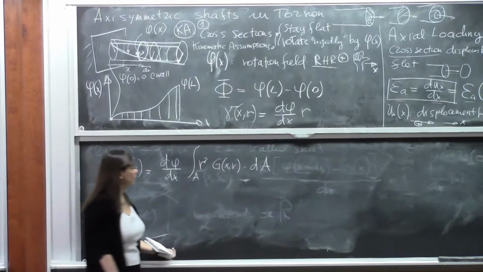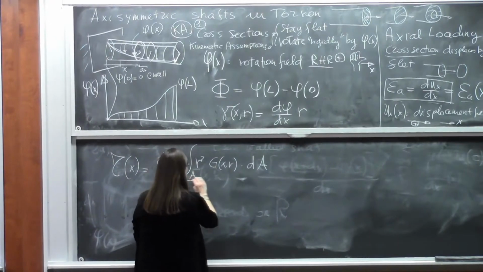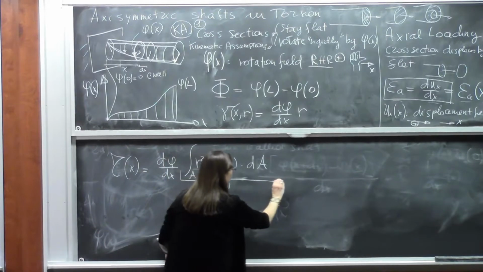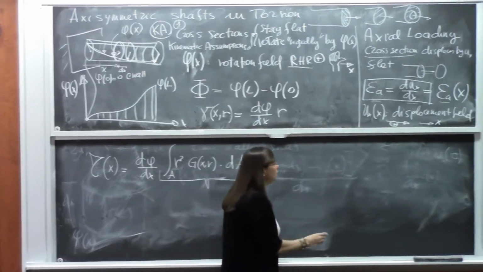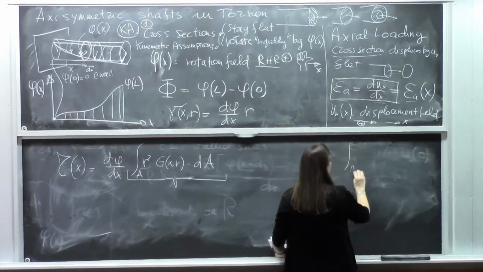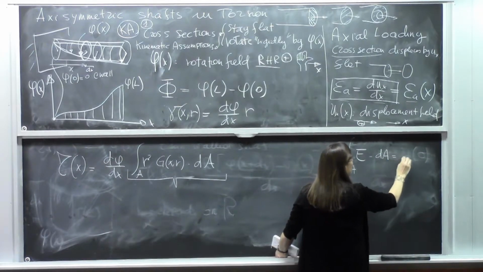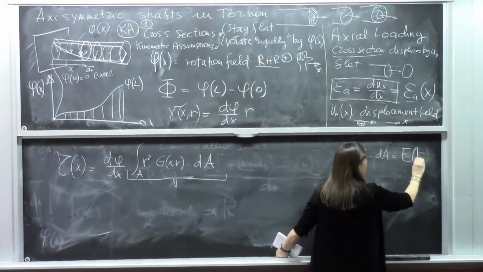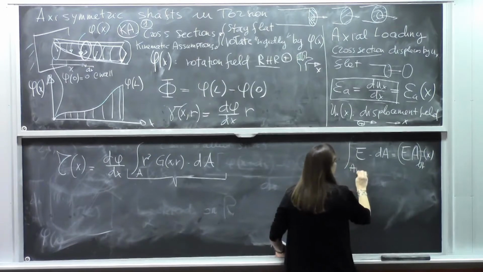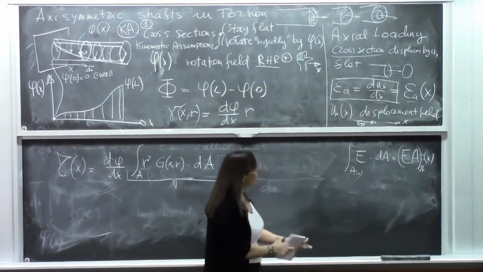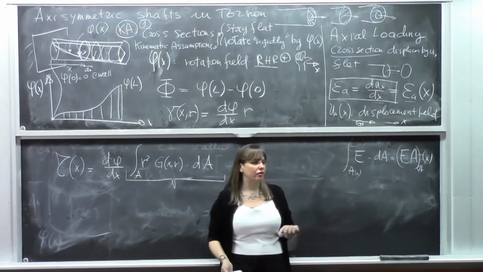Fantastic. Now, this guy here, you remember what we did in axial loading? We said the integral over the area of E dA. We call it the EA effective because we are integrating over the area at x. This is what we call EA effective of x.